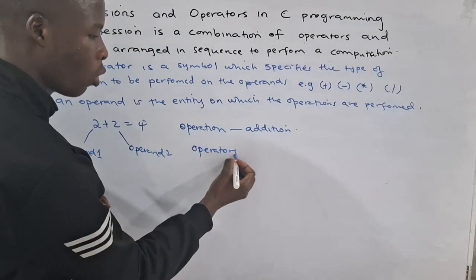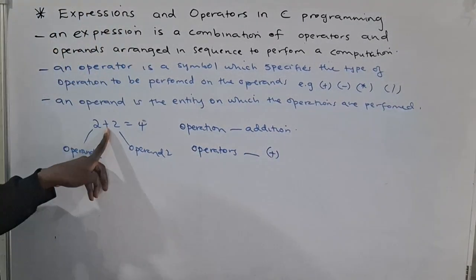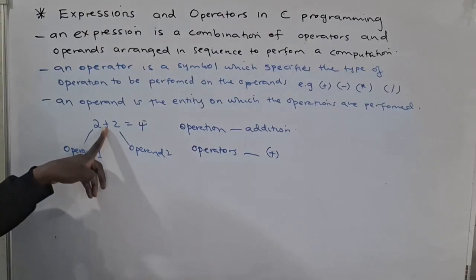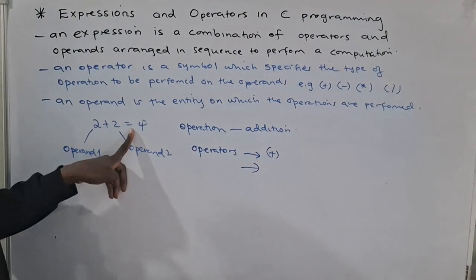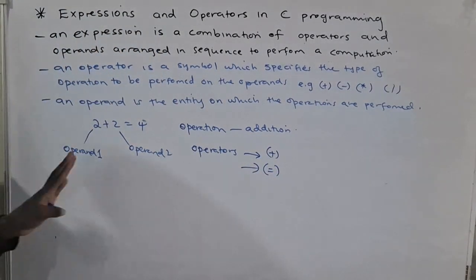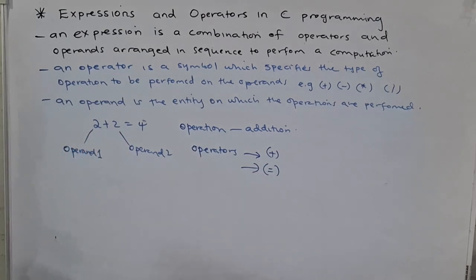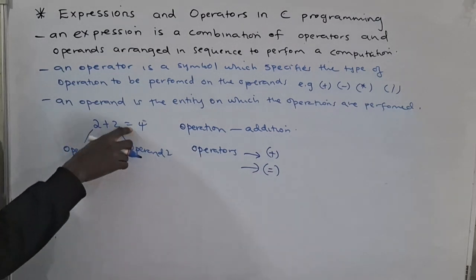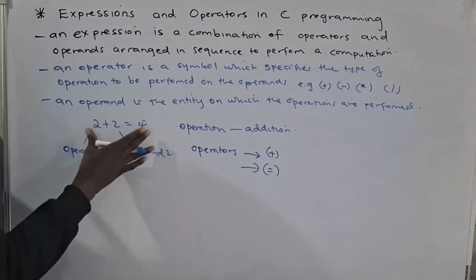The positive sign is called the arithmetic operator. I also have the equal sign, which is called the assignment operator. We are going to discuss these types of operators in detail.